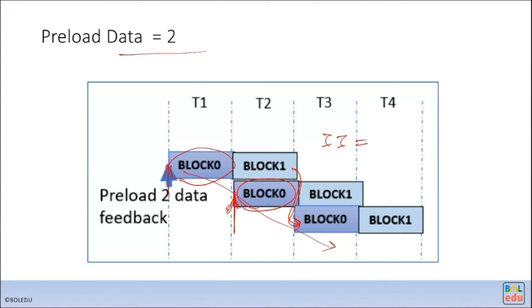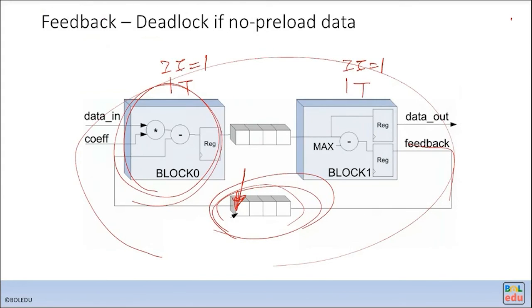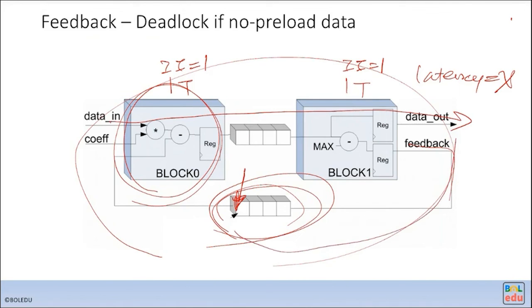So in this case, you can conclude a rule for how much data to preload for the feedback path. If the forward path latency equals X, then you have to preload X data.